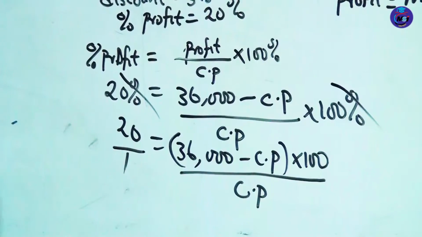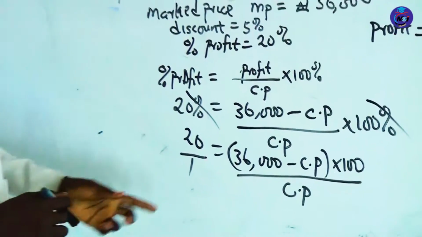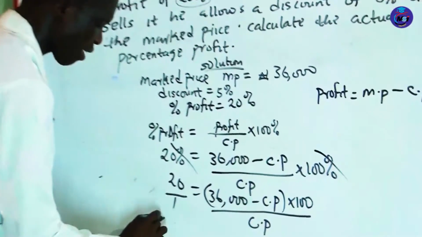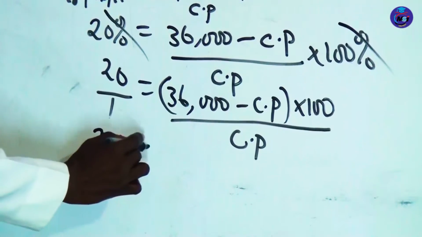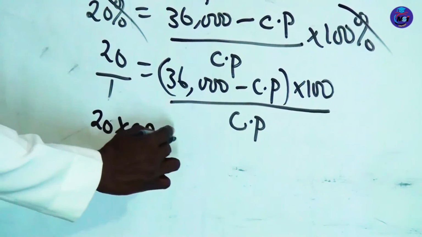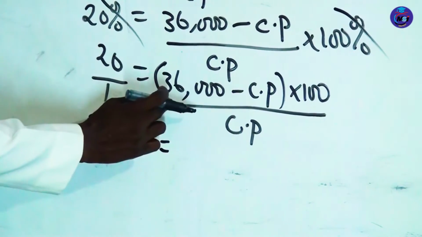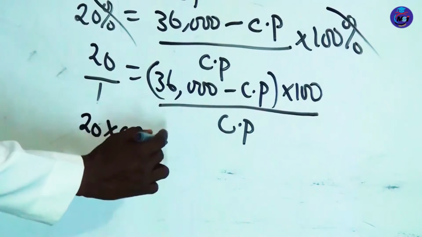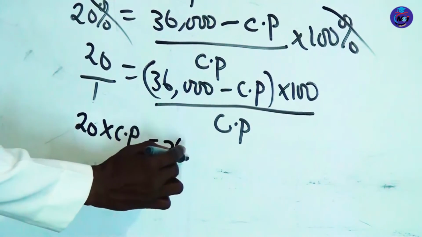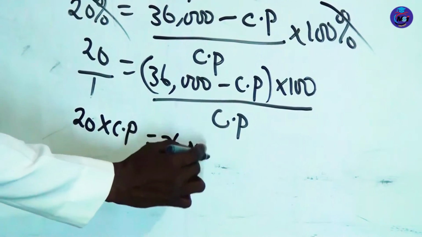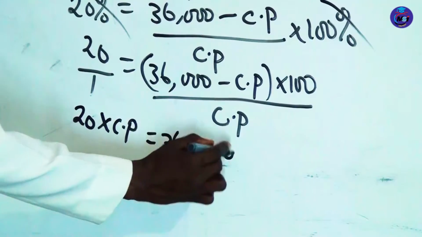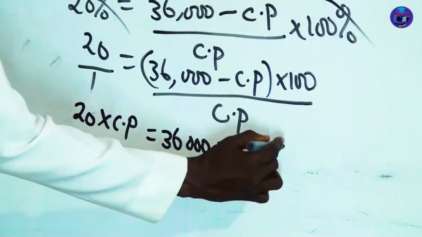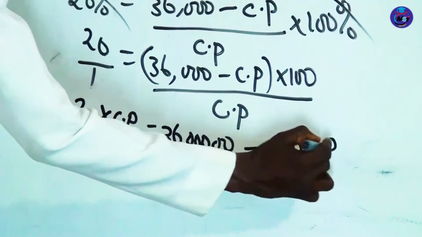Divide this by 1. When we cross multiply, we are going to have 20 times CP, which is cost price, equals 100 multiplied by open bracket 36,000 minus CP.